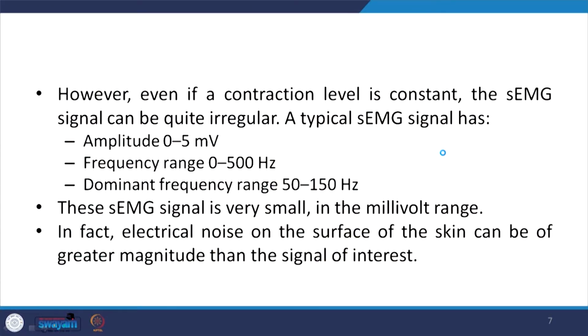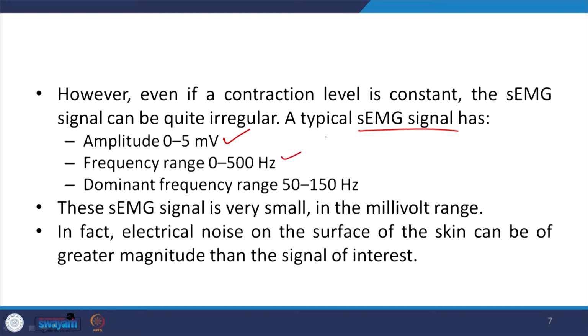However, even if the contraction level is constant, the SEMG signal can be quite irregular, and the typical characteristics of these signals are: amplitude is in the range of say 0 to 5 millivolt. You can see very small amplitude.